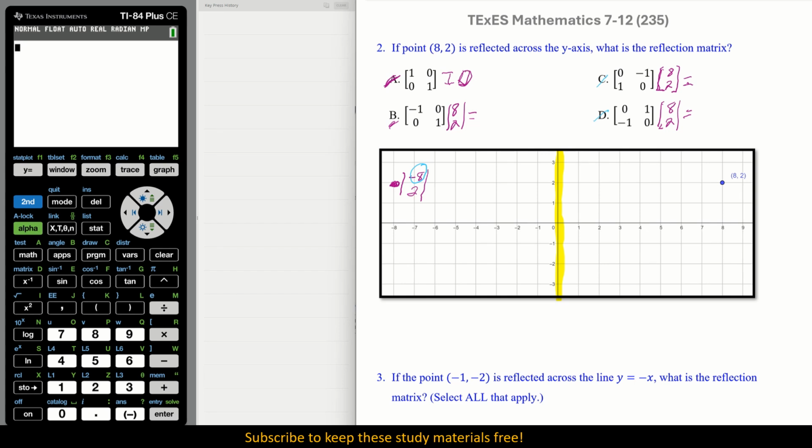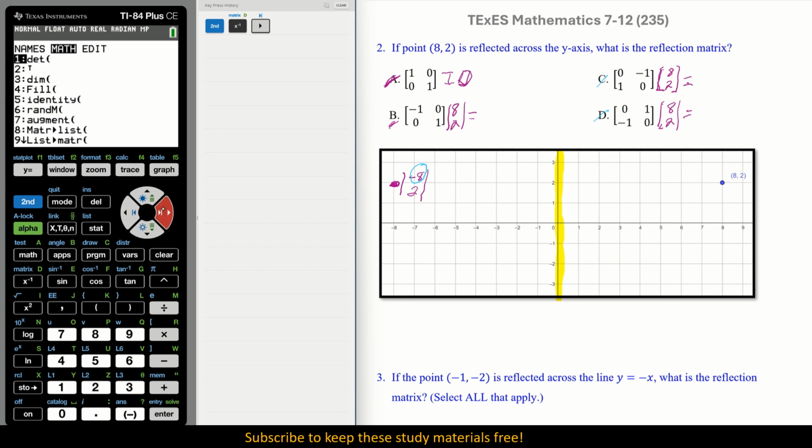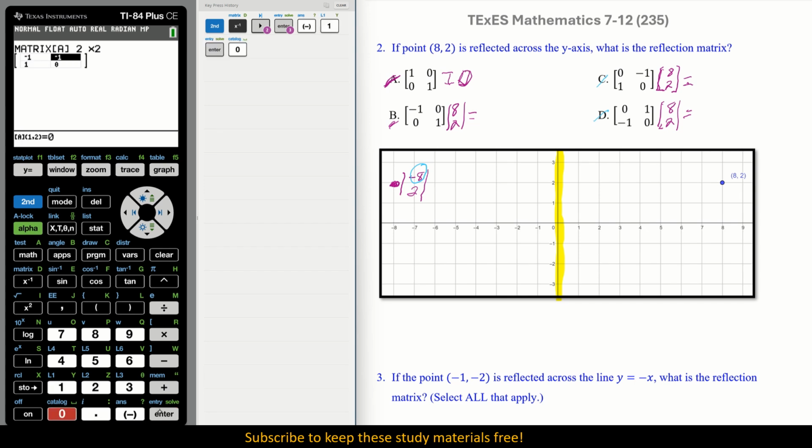Okay, so let's take a look at our calculator, and let's do that. So second matrix. Okay, we need to edit A. So it's highlighted, and we need to make some changes. Okay, so enter, we need -1, enter 0, enter 0, and enter, and then 1, and enter.